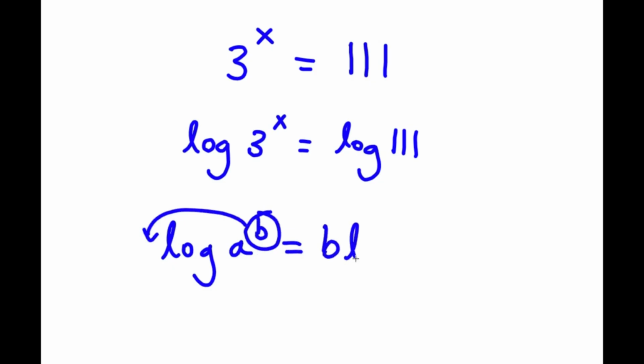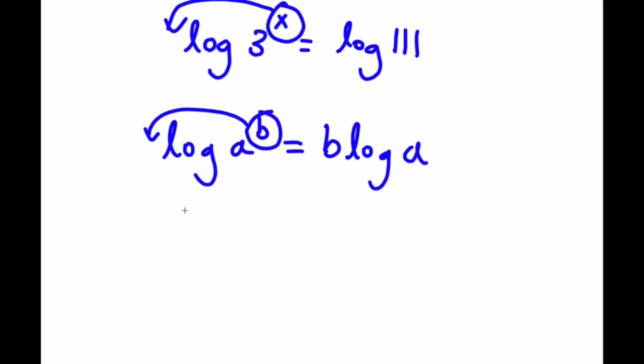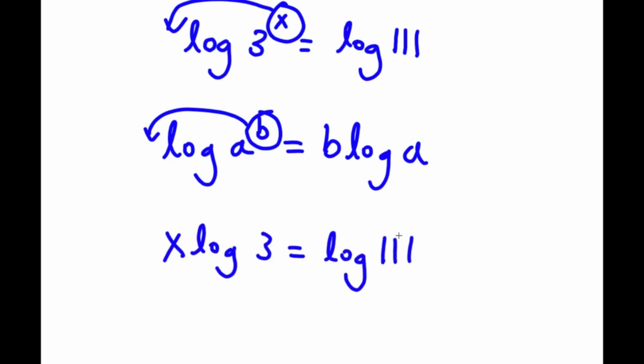So this is going to equal b times log a. So for log 3 to the power of x, I can move x to the front. So now that would lead to me having x times log 3 is equal to log 111.